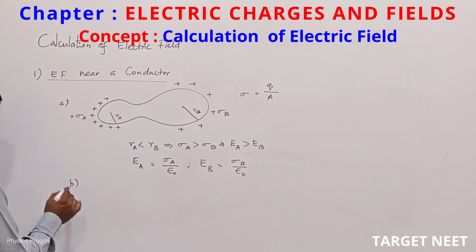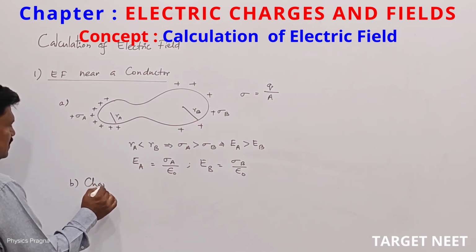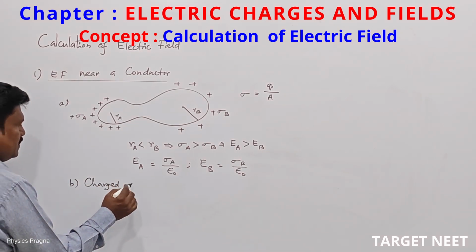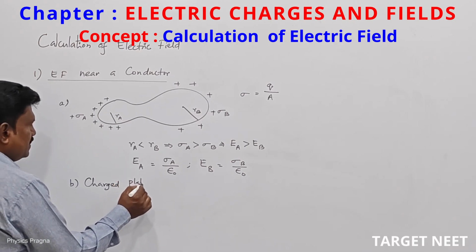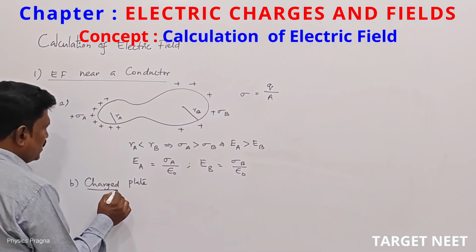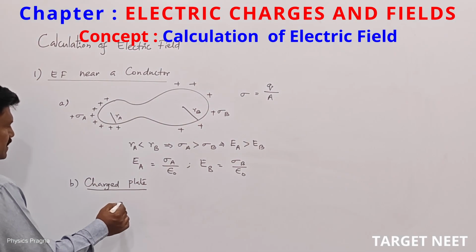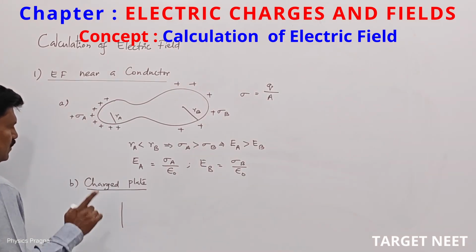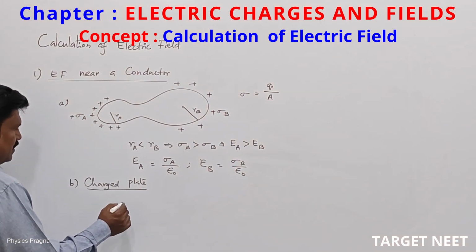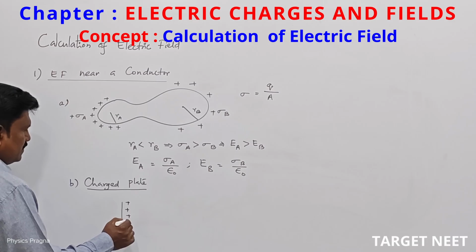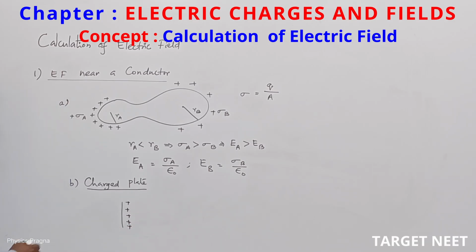In part B, a charged plate. I will take a charged plate. So this is a plate. Only a single plate is there. I have charged it, so positive charge is there.